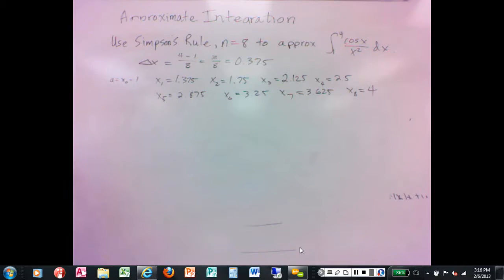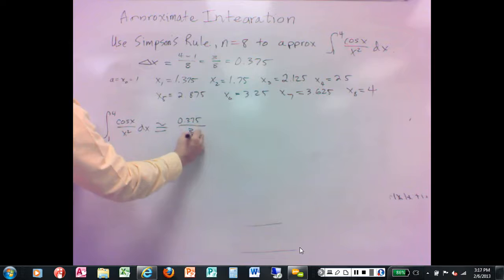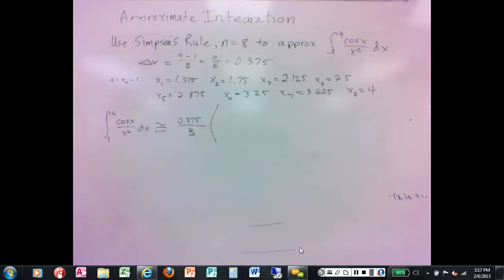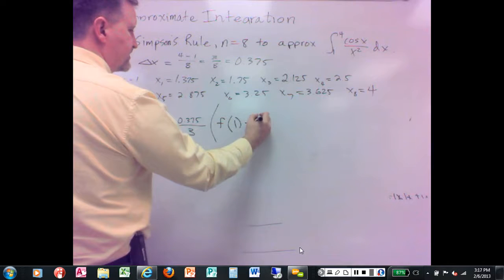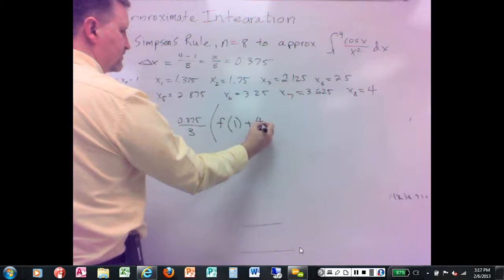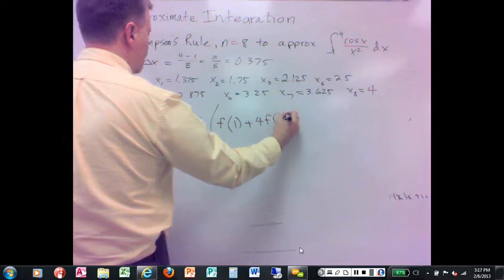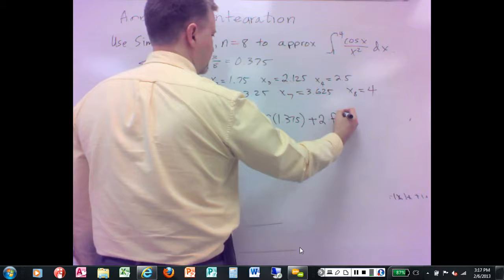All right, so by Simpson's rule, my integral of cosine of x over x squared dx would be approximately equal to what? Well, it's delta x over 3, so that would be 0.375 divided by 3 times f of x sub 0, so it'll be f of 1, plus, what's next? For Simpson's rule, the next one's 4 times f of x sub 1, 4 times f of 1.375. Then the next one is 2 times f of the next one, 1.75.